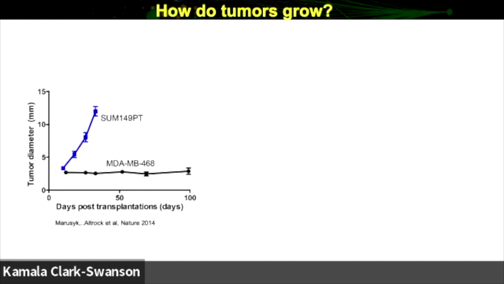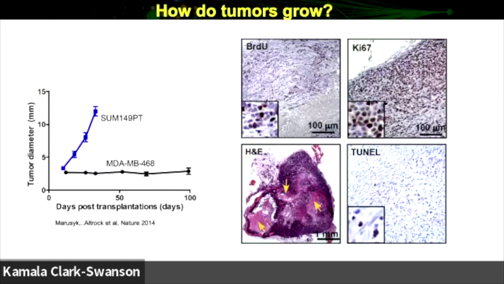A reasonable guess is that maybe the tumor cells are not proliferating much, but that's not the case. If you look at the markers of proliferation, the cells within these tumors are proliferating a lot. And in fact, if you compare the proliferation rates between the two models, they're nearly identical. So what's going on? Why is one tumor growing and another one is not growing?